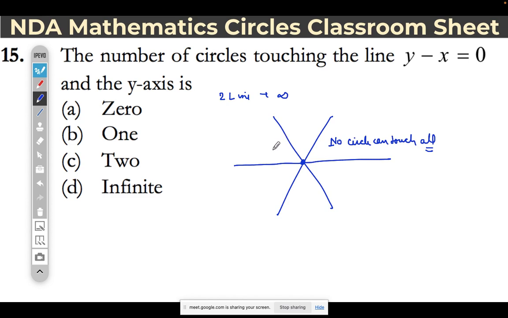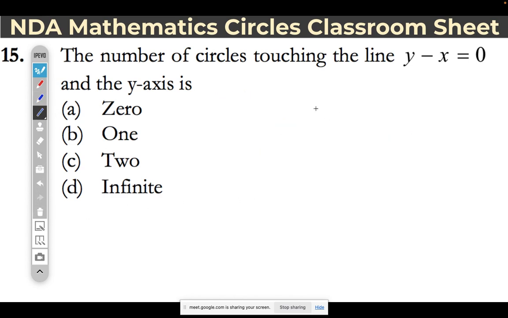Touching and intersecting are different, right? I can draw a circle like this, but it is only touching this line, intersecting these two. So no circle can touch three or more concurrent lines, intersecting at the same point.